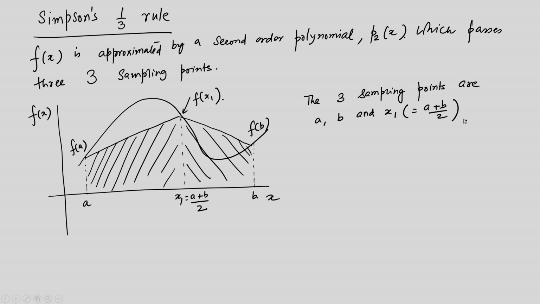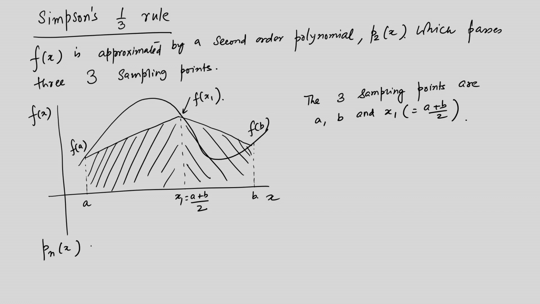And it uses a second order polynomial through these 3 sampling points which is P 2. So, just for the benefit of the readers, let me write down the nth order polynomial.